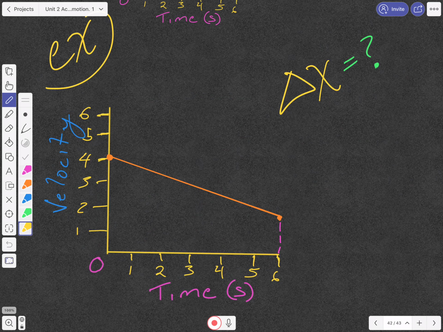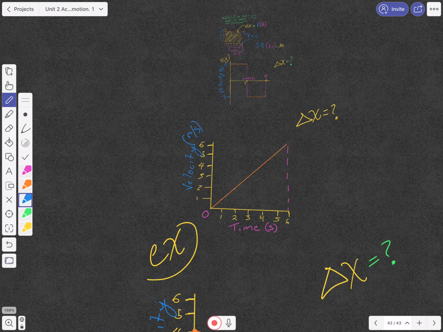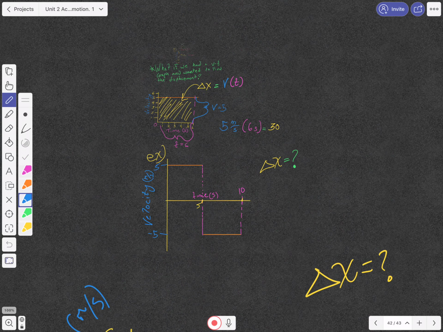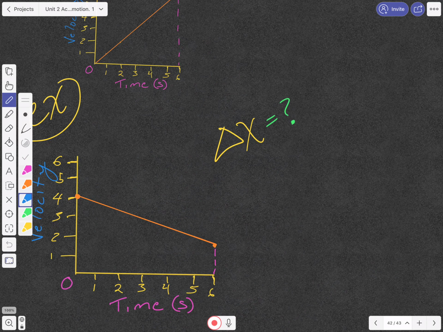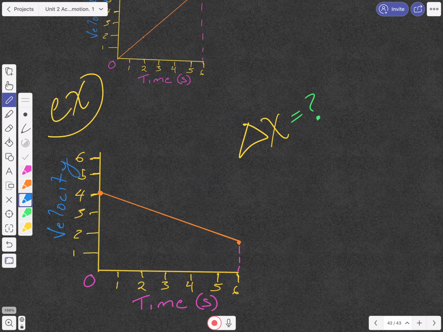Okay, so hopefully you paused and hopefully you found out an answer. Like we did in one of the previous ones, up here are number 2. I'm going to have you split this up into 2 different portions.